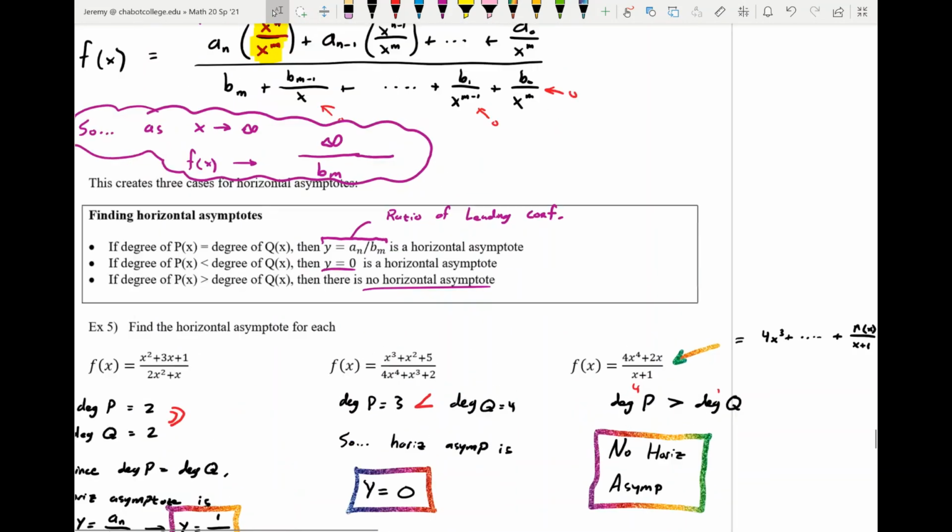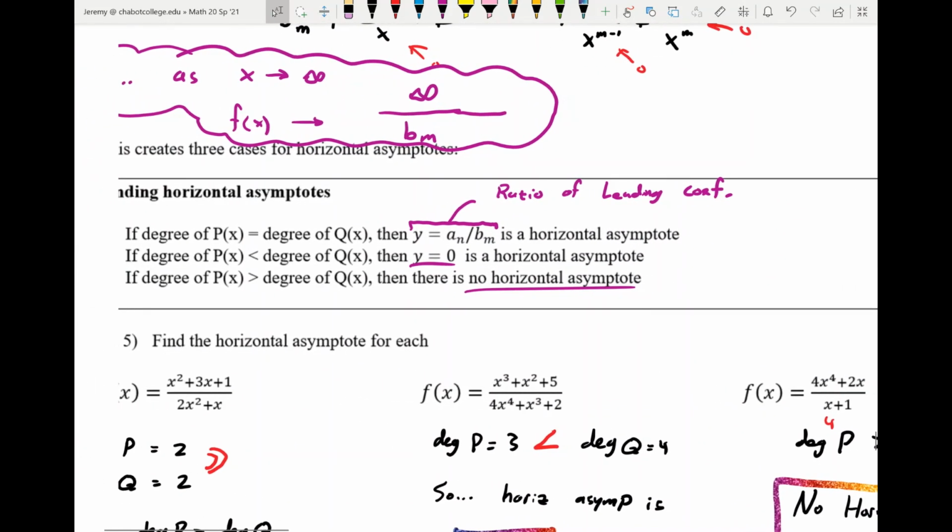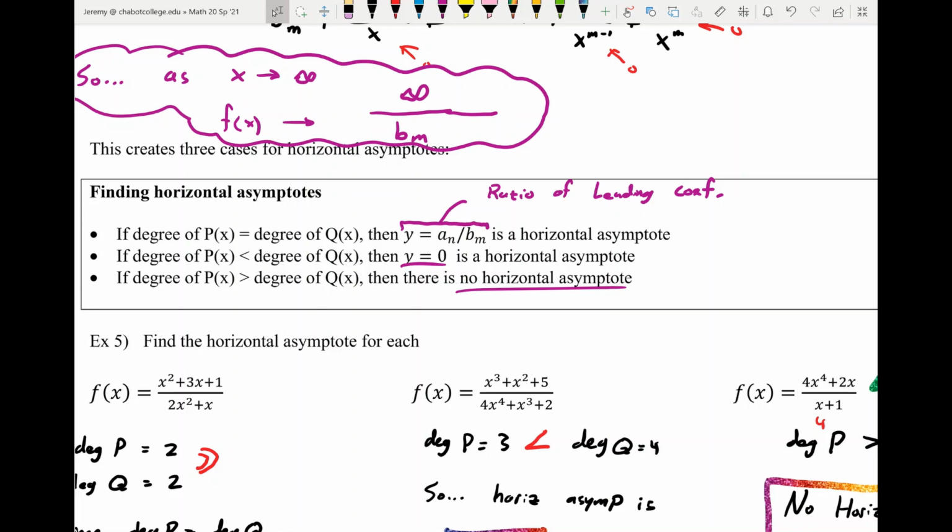We have these cases for horizontal asymptotes, and the way that we tell is looking at the degree of the numerator and the degree of the denominator, and depending on how those match up, that will tell us what type of asymptotes we have. So remember, for the problem we're working on now, it's cubic in the numerator and quadratic in the denominator.